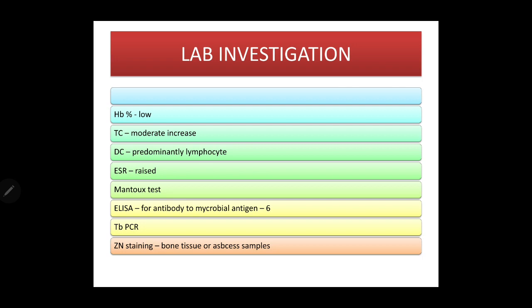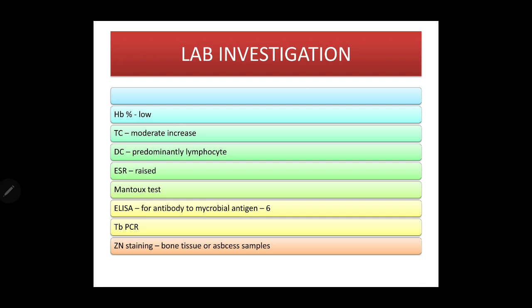Now ELISA for antibody for mycobacterium can also be done, or else the recent way is we do a PCR, TB PCR. The benefit of a PCR is it would pick up even dead bacilli, and hence obviously it is more sensitive.